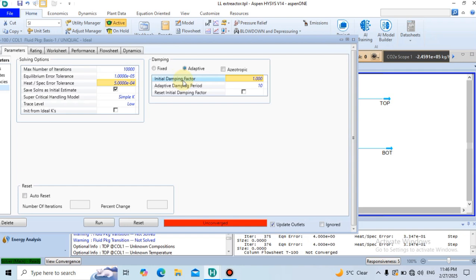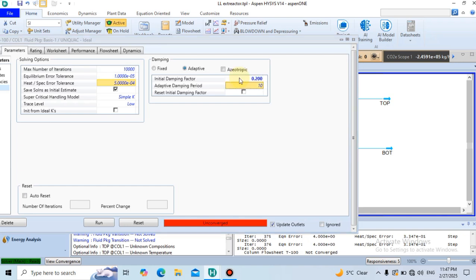Actually, HYSYS uses a numerical method to solve its problem and needs to reach that point, which is the desired specific value, to run your simulation. So we need to reduce this number to, for example, 0.2, 0.3 or 0.4.